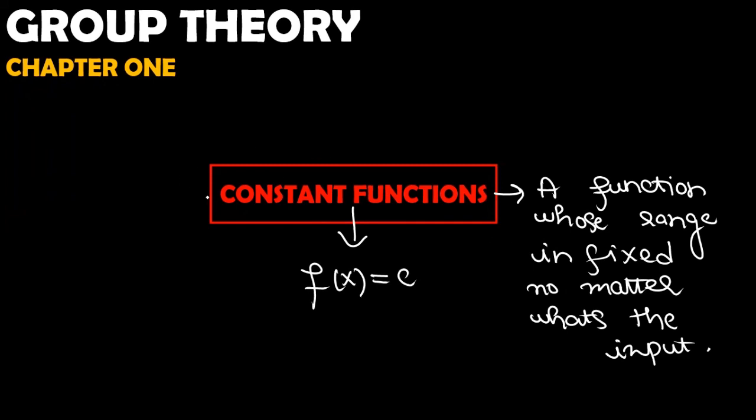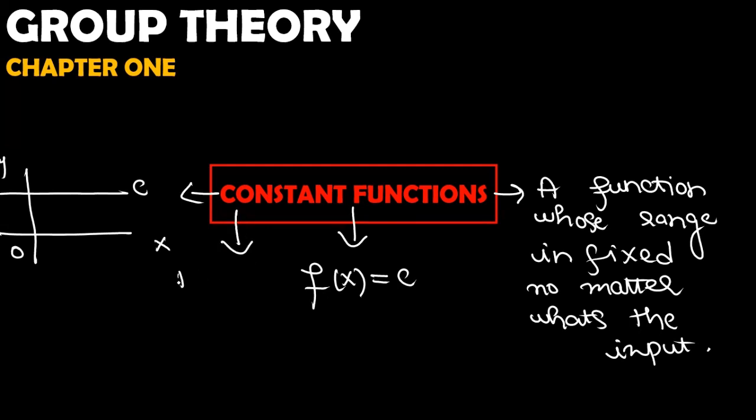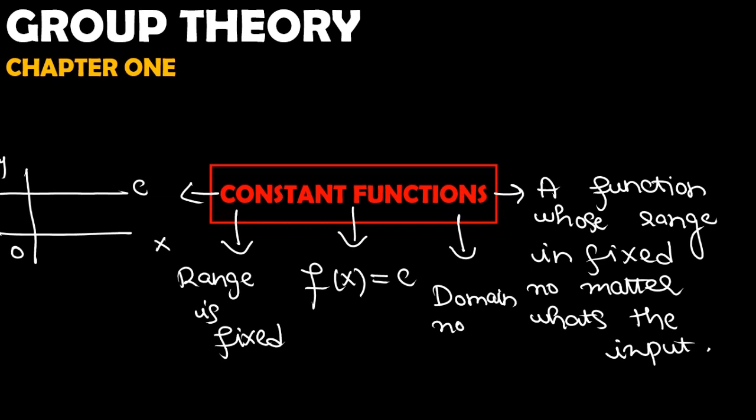The graph of this function is a straight line. We have an x-axis, and the graph is a straight line at c. In this function, the range is fixed. Domain is not fixed. So this is our constant function.